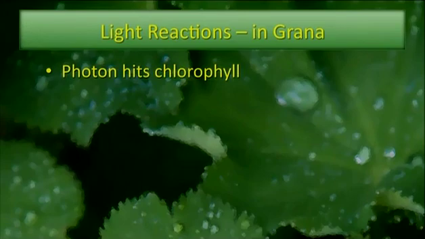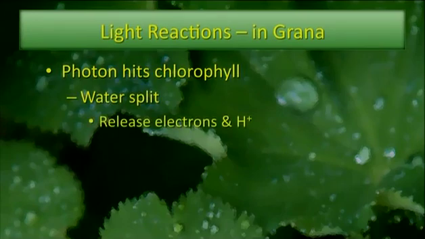So the photon hits a chlorophyll molecule, and that splits water. The water releases electrons and hydrogen ions, also known as protons, because hydrogen atoms are a proton and an electron, and if it loses the electron, it becomes a proton or a hydrogen ion. Remember that hydrogen ions cannot pass through the membrane. Only oxygen gas, carbon dioxide gas, and water can freely pass through a membrane.